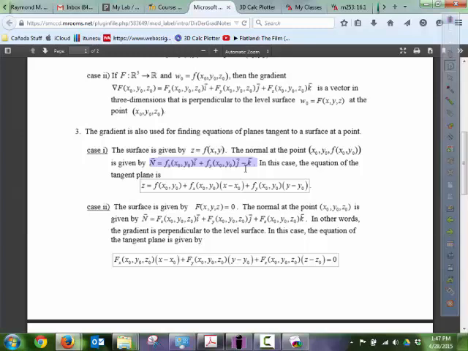Okay? So if you want to go to 3 dimensions with this idea, then that's where you go. Take -1 with you.